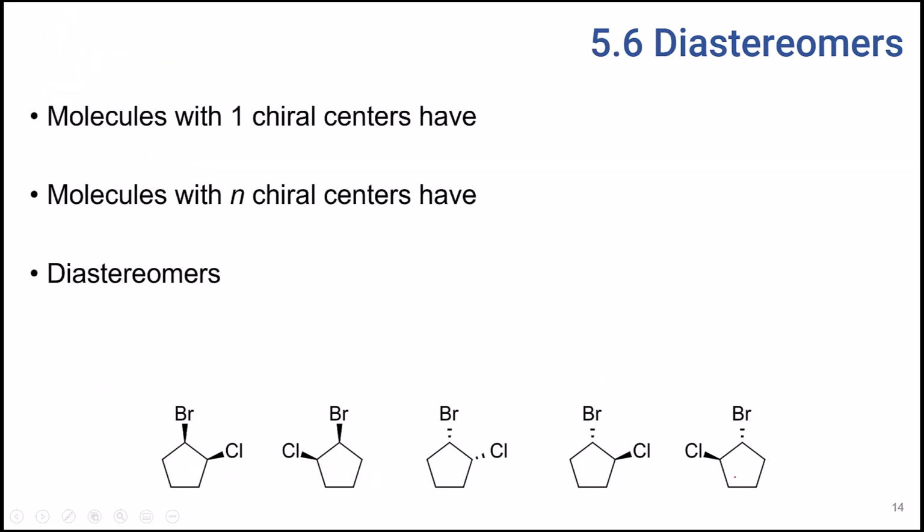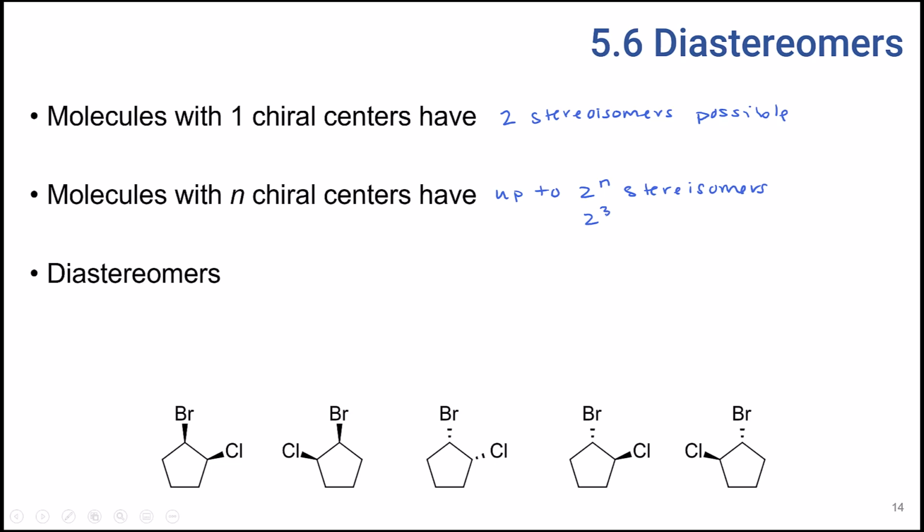So we've talked about enantiomers, which are stereoisomers that are mirror images of each other. We also have a category of stereoisomers that are called diastereomers. Molecules with 1 chiral center have 2 stereoisomers possible. Molecules with n chiral centers have up to 2 to the n stereoisomers. So if you had 3, it would be 2 to the 3, or 8 stereoisomers.